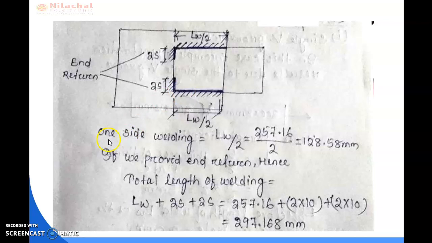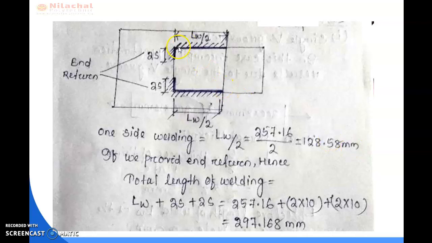Then one side welding is equal to LW by 2, right? If the sum of the two welding parts is 257.16, then one side welding should be LW by 2, which is 257.16 divided by 2, which is 128.58 mm.